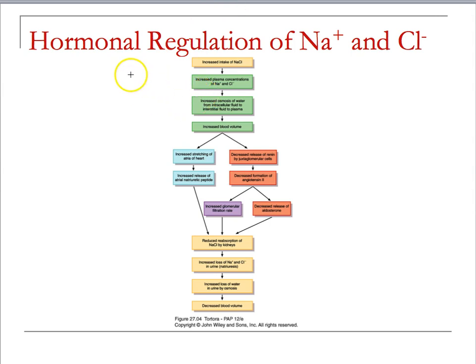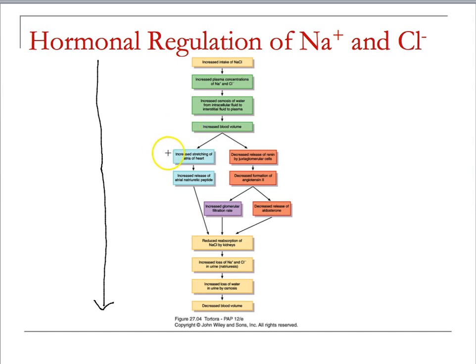The arrow moving downward is what happens to our blood volume if we have excess water and sodium chloride inside the body, right? So if you increase your intake of sodium chloride, you're going to increase the concentration of that sodium chloride, which means the osmosis into the interstitial fluid increases, and therefore you've increased the blood volume.